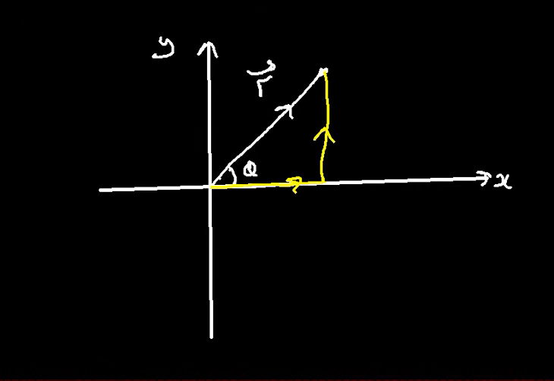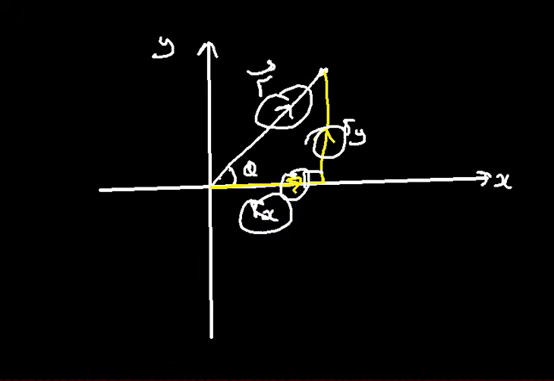So now in this case, what we have formed is a right-angled triangle, and this is said to be the x component and this is said to be the y component of the vector r, which we can call rx, and this is ry. Now the direction of these components would depend on the direction of the vector.